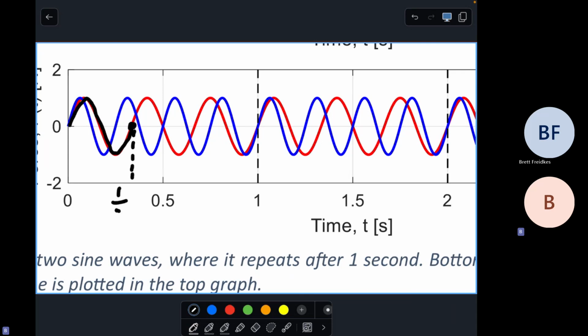This is at 1/3 seconds. We've completed 1 period. If we do another period, we see that now we're at 2/3. We do one more period. That's 3/3. 3 periods have passed for this first guy. Is that okay?